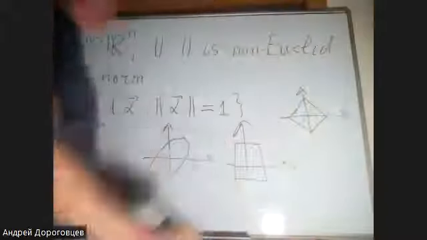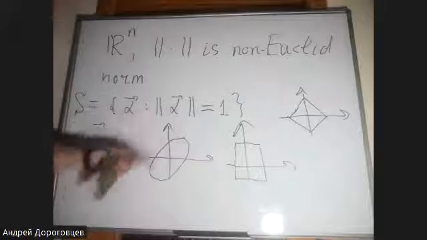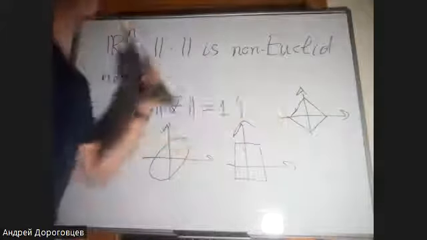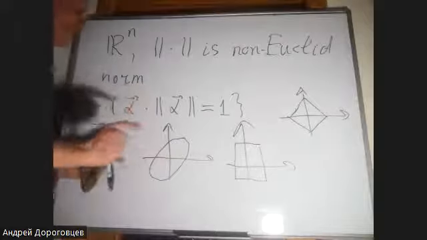This is the norm related to the sum of absolute values of coordinates, and so on. So any such convex symmetric body defines for us a norm in a finite dimensional Banach space.